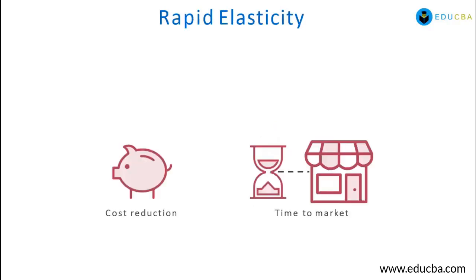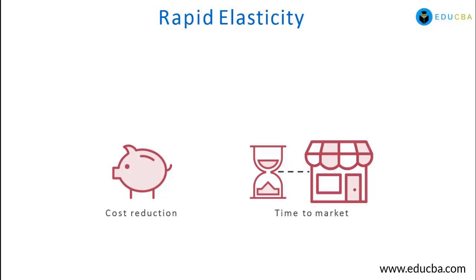Now the next feature, a fundamental principle, is rapid elasticity. Elasticity is the flexibility to control your infrastructure and also rapidly grow or shrink whenever you need. Whenever you want to deploy an application, you need that application to be live as soon as possible, so the time to market should be very, very less.